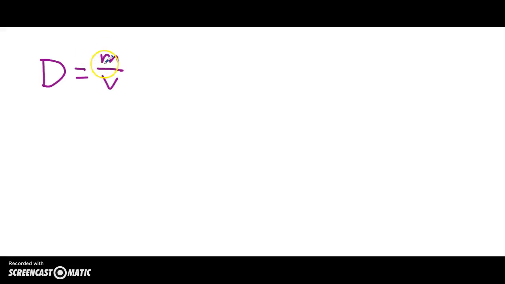What operation is being done to the mass? I believe it's being divided by the volume. So I can undo dividing by volume by multiplying by volume on both sides. That cancels out my denominator. I'm left with just the mass is equal to volume times the density. Now it's solved for the mass.